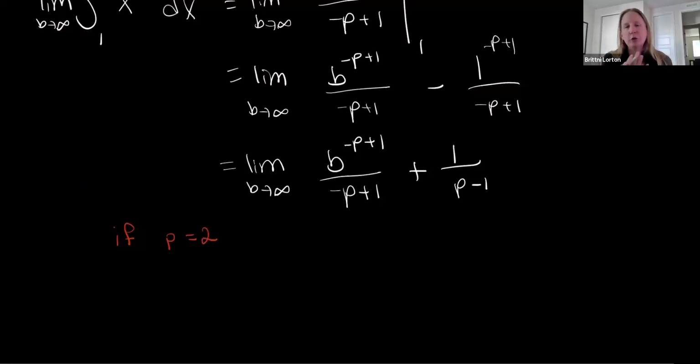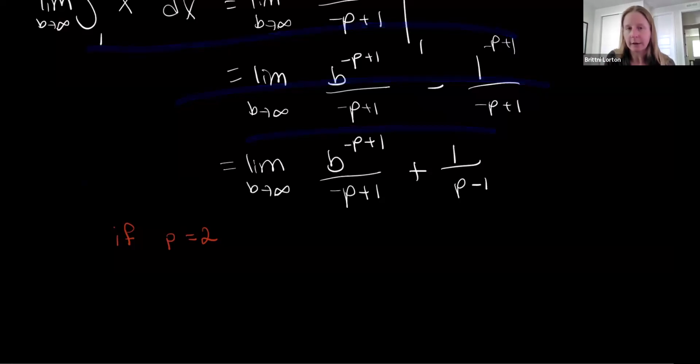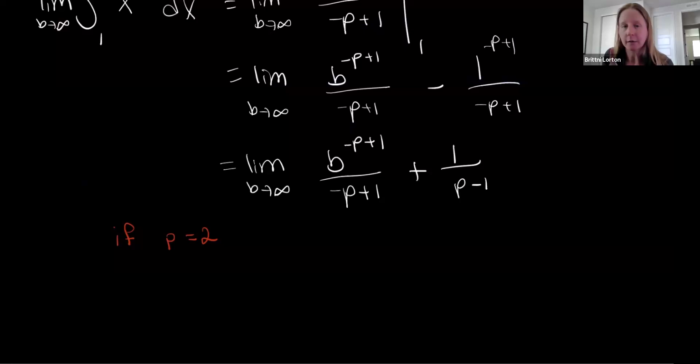I'm just going to make up a number 2. 2 is a good number. What happens if p were 2? Okay, if p were 2, I'm not going to redo all that work. That's crazy. Let me just look at the very end, that last line of that calculation. If p, the power, were 2, then this exponent would become negative 2 plus 1, which is a negative number. That exponent would be a negative number.